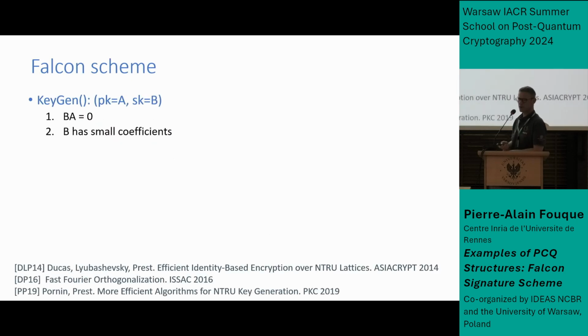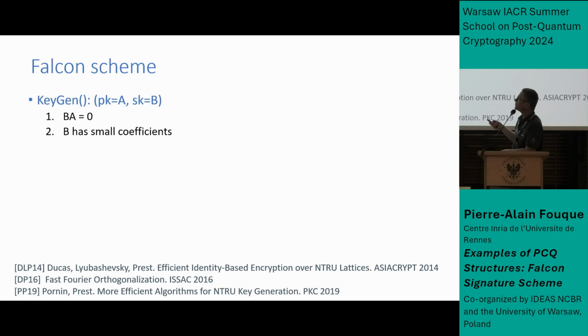Okay, so now what is the Falcon scheme? So Falcon is in fact, so we have in fact the key generation. So the public key is some matrix A, which is in fact the public matrix that I was describing before using the value H. And B will be some small basis for this lattice.